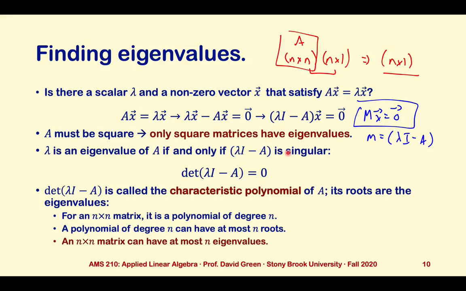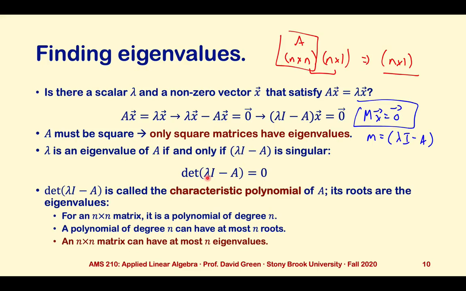How do we determine whether a matrix is singular or not? Well, we can do elimination, but elimination with a symbolic variable like lambda often becomes messy. It's easier to write this in the form of the determinant. If the determinant of lambda I minus A is equal to 0, then lambda is an eigenvalue.